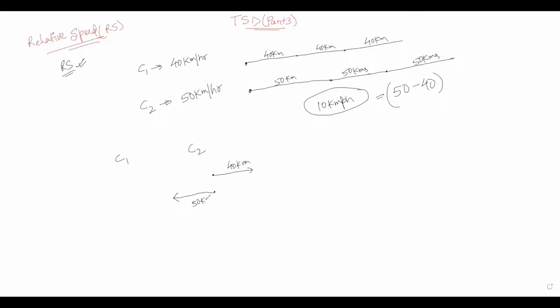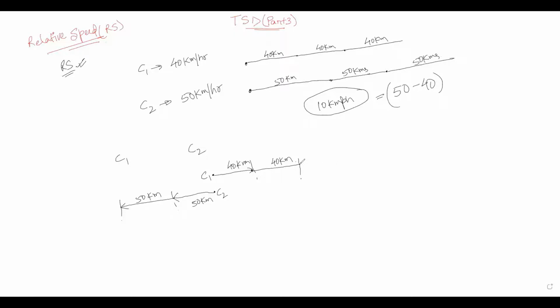So in 1 hour, the car C2 would be covering a distance of 50 km. So in the second hour, the car C1 would be again covering a distance of 40 km and the car C2 would be covering a distance of 50 km. So after 1 hour, the distance between these two cars was 90 kilometers and after 2 hours, the distance between these two cars was 180 kilometers.